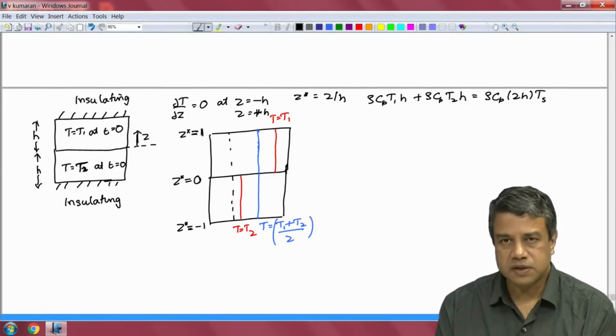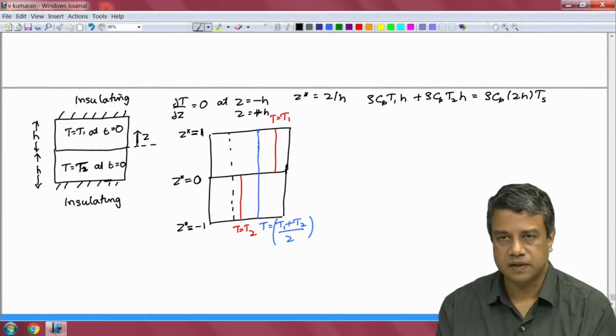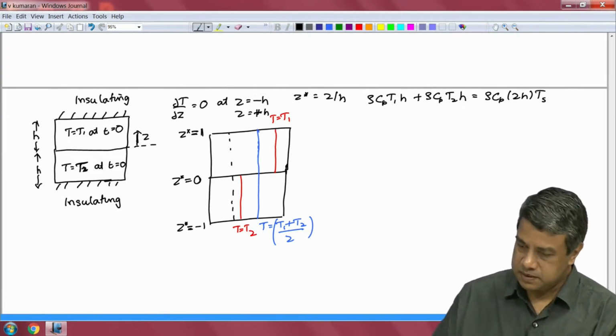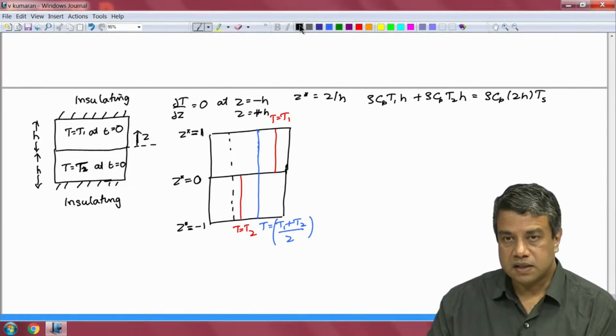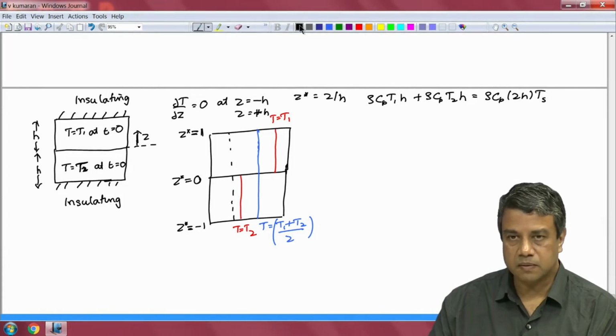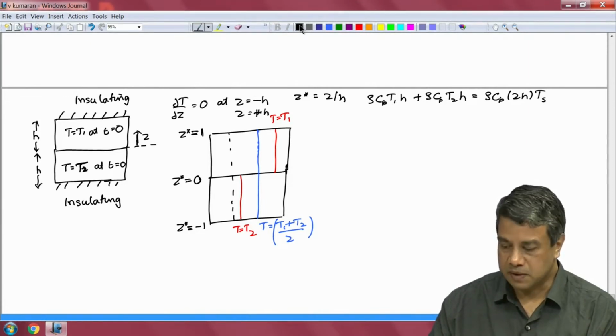How would the temperature field evolve at intermediate times? Note that as the temperature field evolves, the flux has to be equal to 0 at the bottom and the top surfaces. Therefore, the gradient of the temperature, partial T by partial Z, has to be 0 at the top and bottom surfaces.